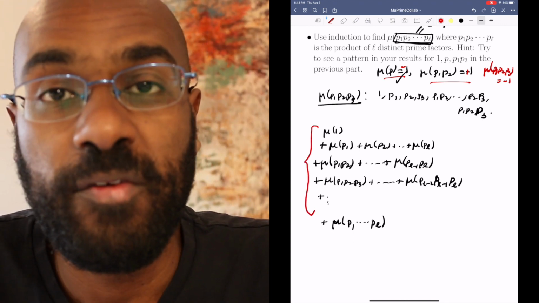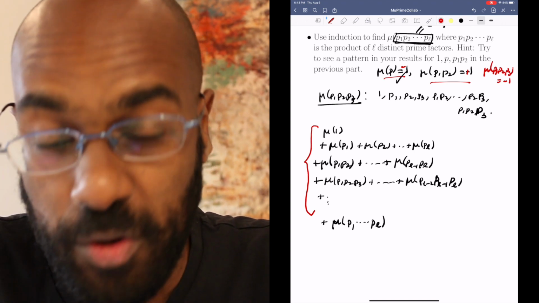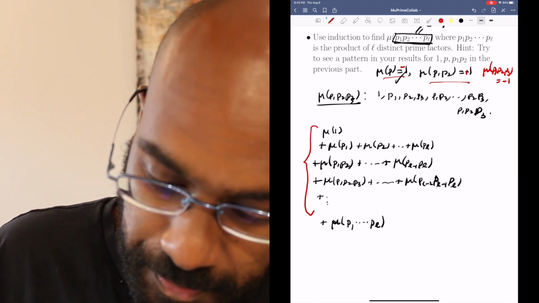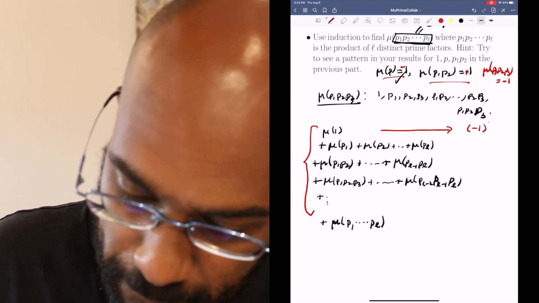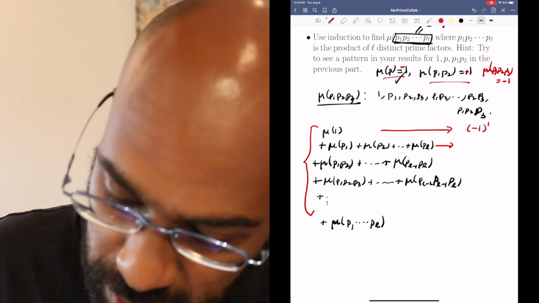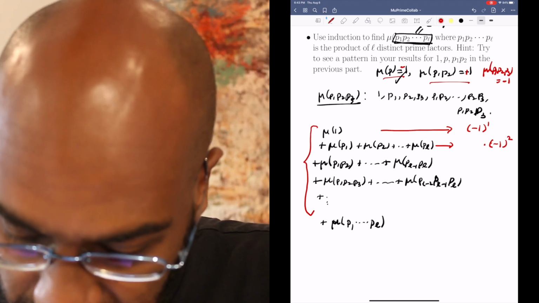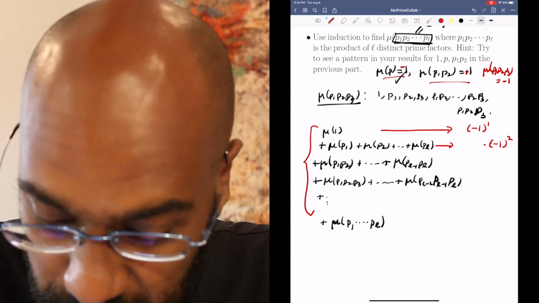Okay, now all of these here involve the function mu applied to products of primes where we have fewer than L primes, so we can use our inductive hypothesis. So here, we'll get a contribution of -1 to the 1. And here, we'll get a contribution of -1 squared, and the number of times we see it is exactly L. And I want to think about this as actually L choose 1.